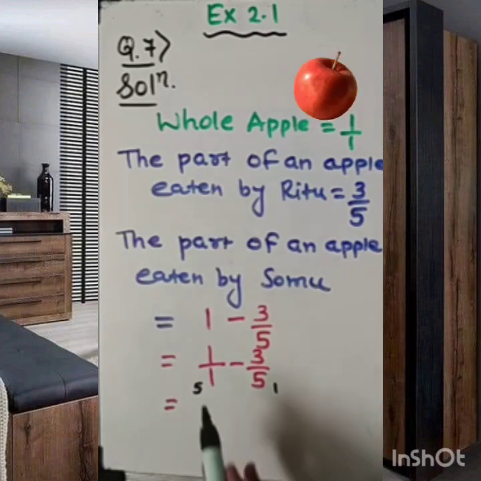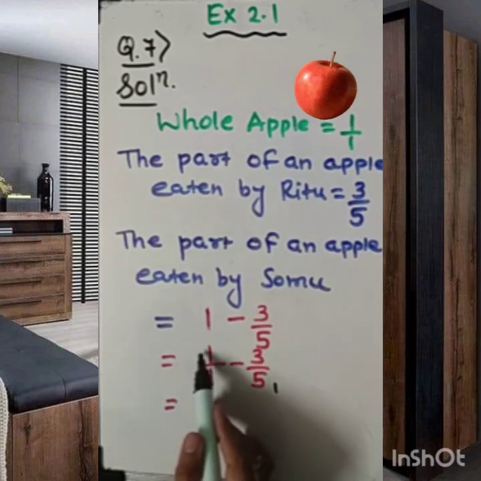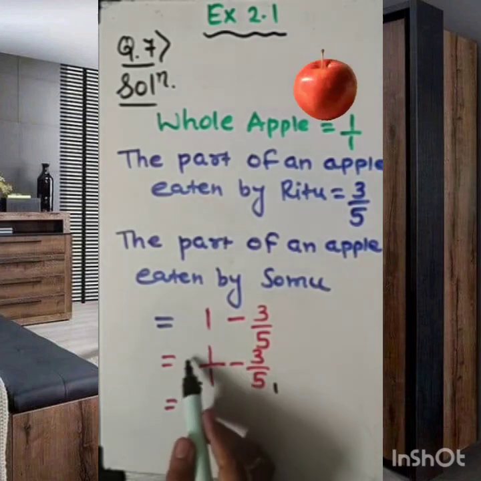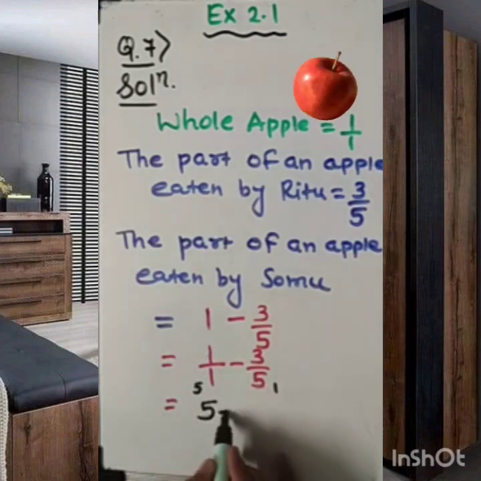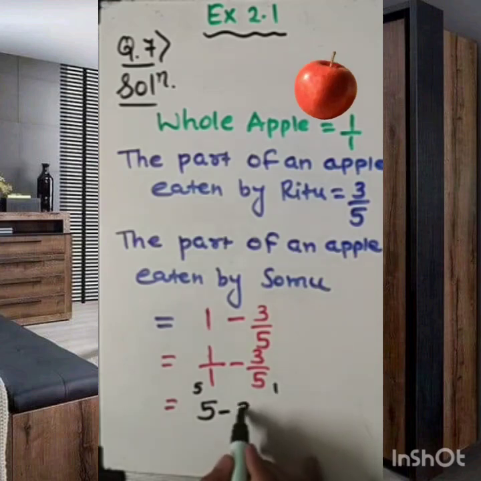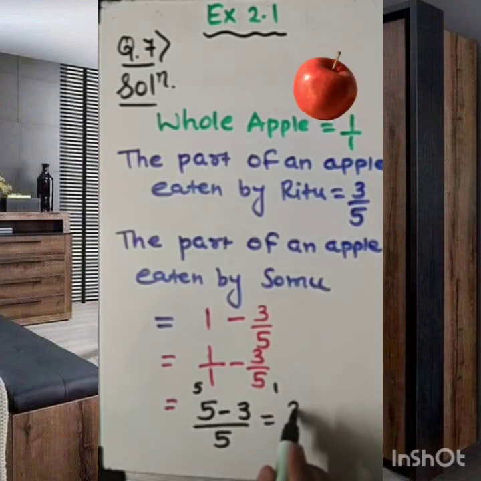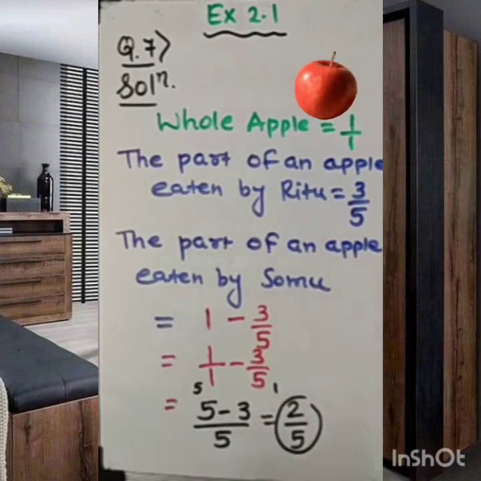With the same number, I multiply the numerator: 1 into 5 is 5, 3 stays, upon LCM 5. So my dear student, the answer is 2 by 5. Clear to you? So the part of an apple eaten by Somu is 2 by 5.